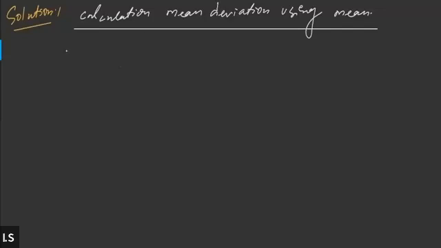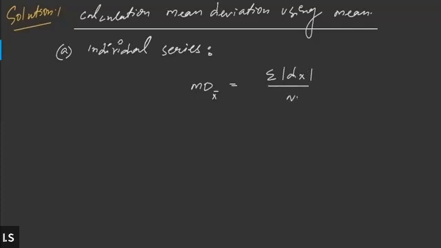Let's suppose I'm going to solve the individual series. So in case of individual series, the formula for calculating mean deviation is going to remain the same. That will be mean deviation on the basis of mean equals sigma absolute value of deviation, sigma dx divided by n.